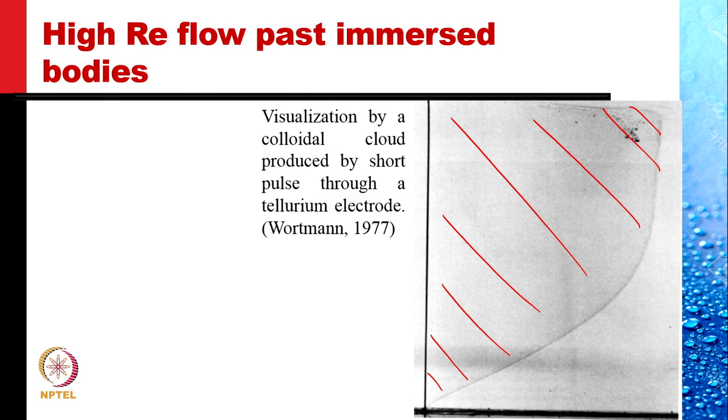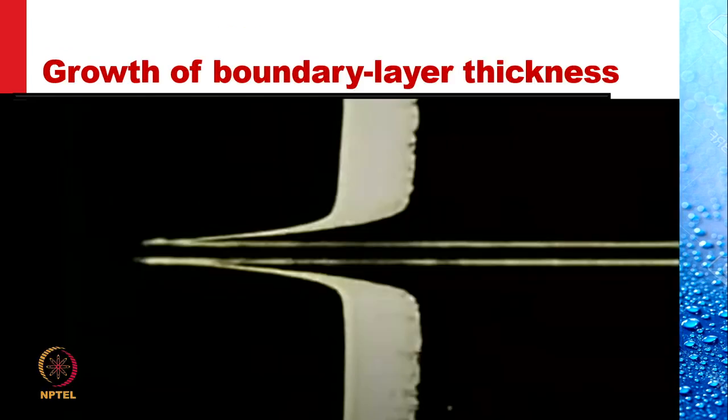This is a picture of an actual flow visualization. So you can see boundary-layer-like phenomena. In this picture, we had a wire which emitted hydrogen bubbles, and they formed a white strip, upstream of the plate, and it passed over the plate.